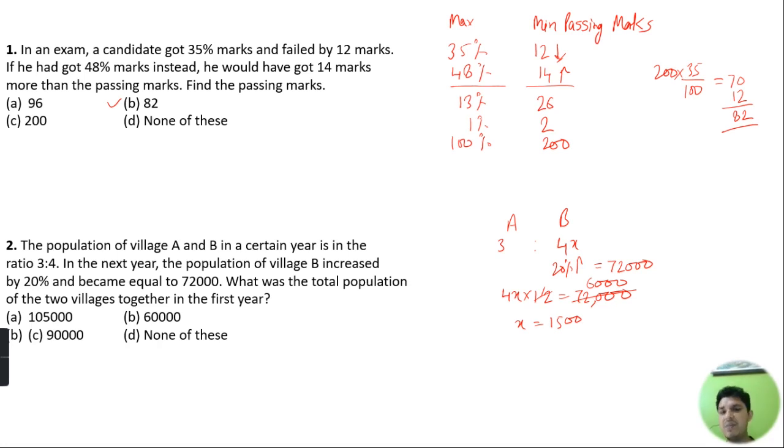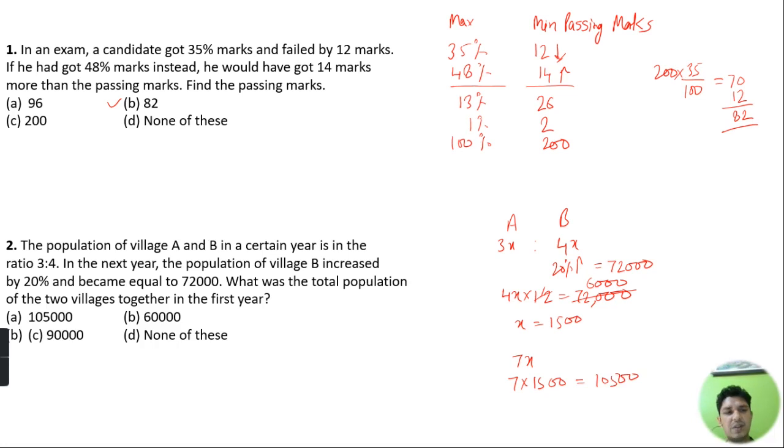So students, we can simply check the total population of village A and village B. Put the value of x in 3x and 4x. So let us say the total population will be 7x. So just put the value of x here, right? This should be the answer.